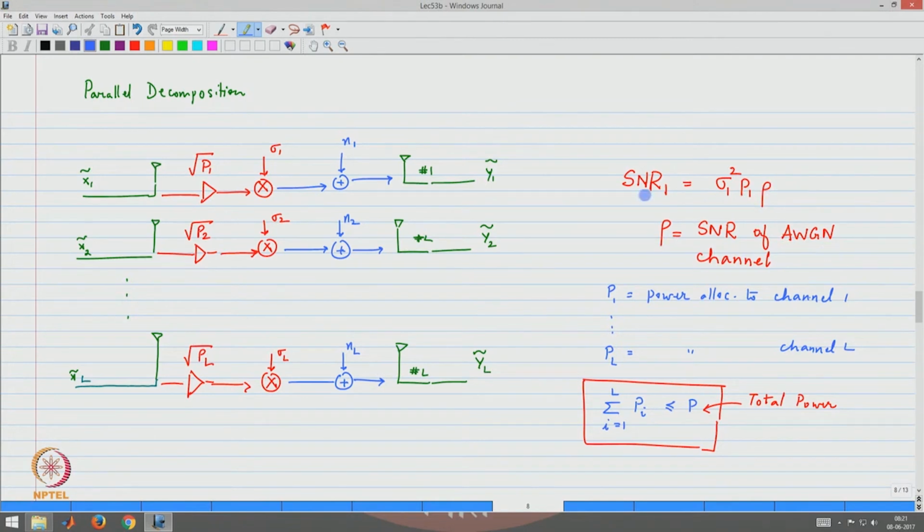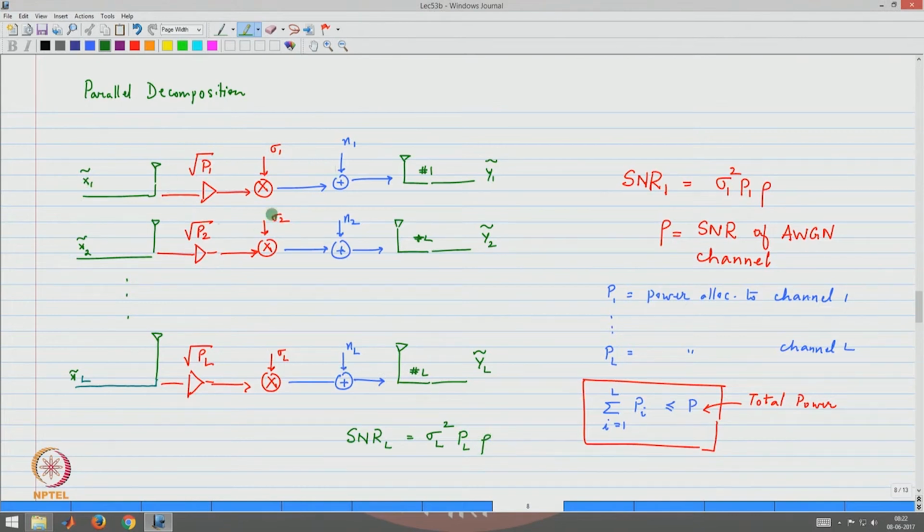So, we can now write down the SNR of channel number 1, and likewise we can write down for the Lth channel. The SNR of the Lth channel can be given by sigma L squared PL times rho, where we have made the assumption that the variances of all these noise terms are the same, and if all of these are transmitted with the same signal power, then rho is constant for all of them.